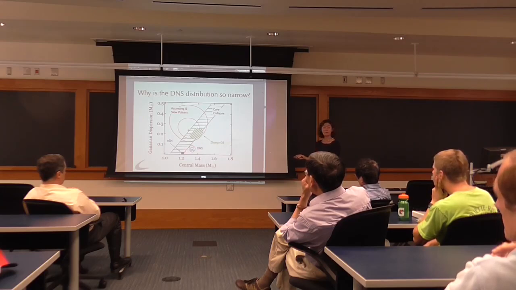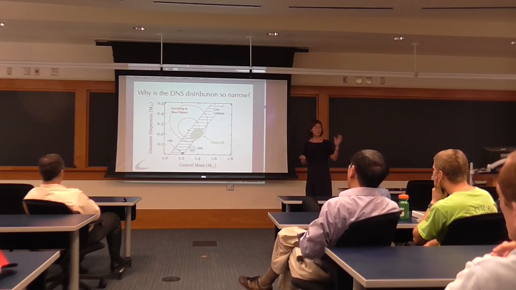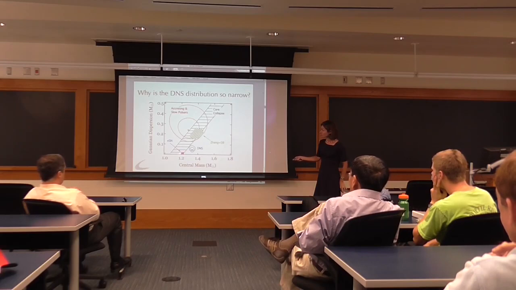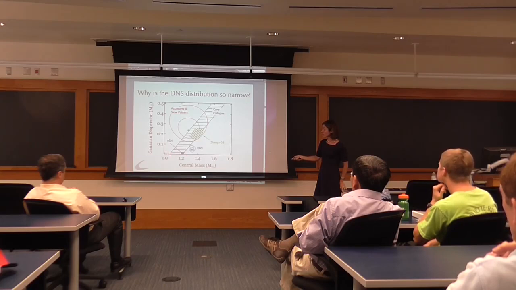What you get from supernovae, assuming no fallback, is either electron capture supernovae, which can produce a very narrow distribution here, or other mass losses that can produce anything from about roughly 1.1 to 1.2 solar masses, core mass.